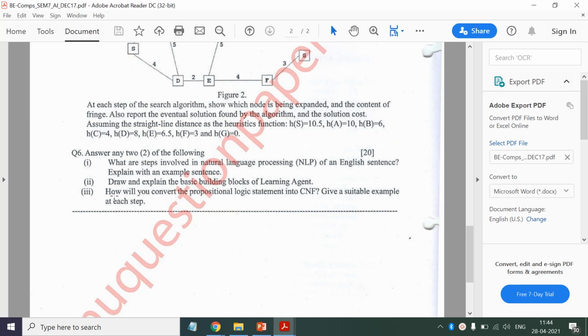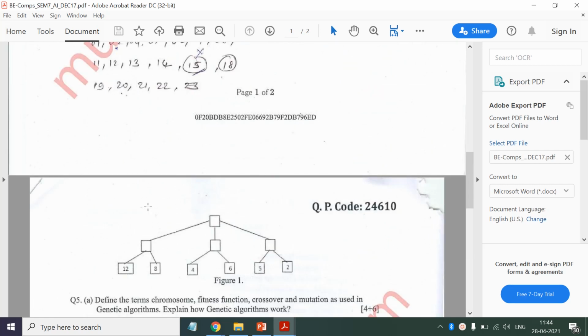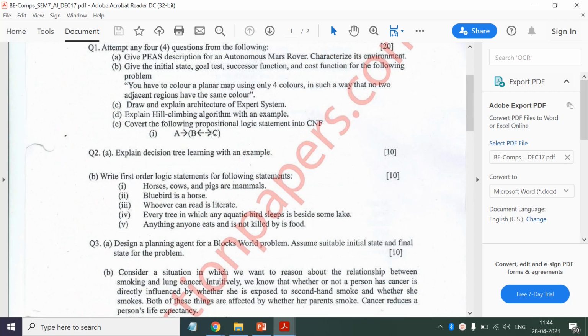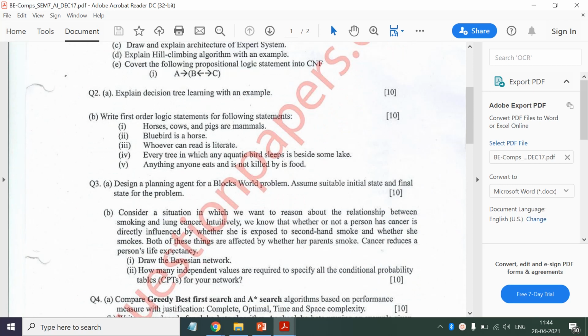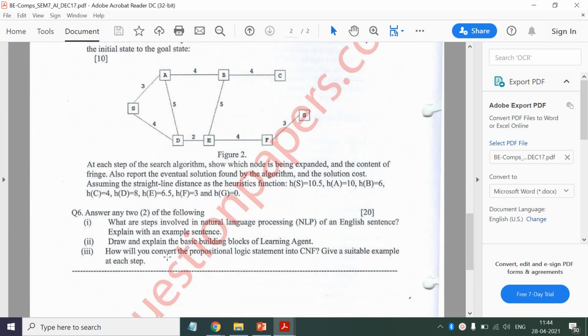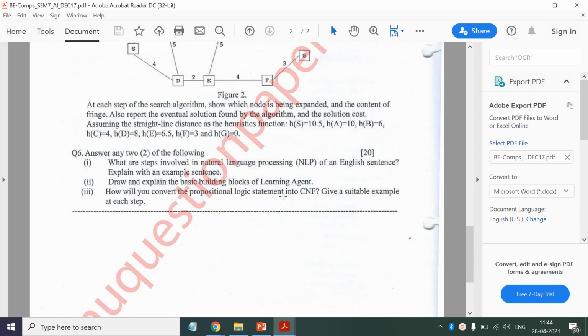How will you convert the propositional logic statement into CNF? Give a suitable example at each step. The example is given here itself. You can write the same example and convert it to CNF, and you have to write the steps to convert the given sentence into CNF.